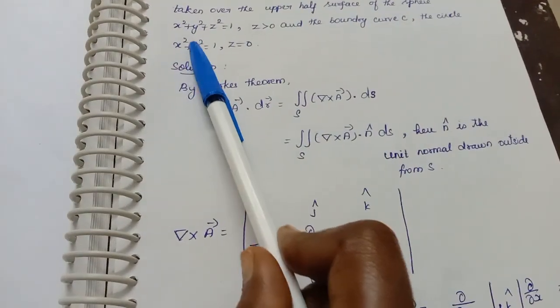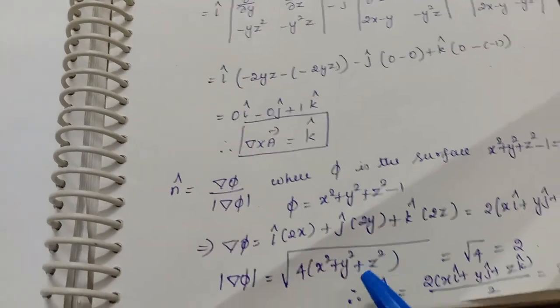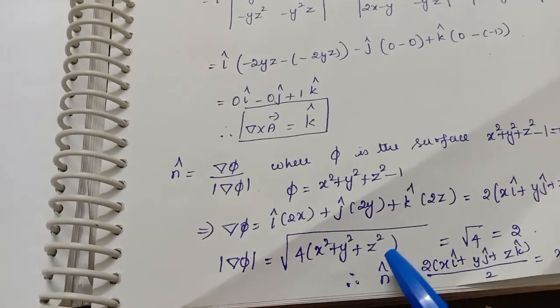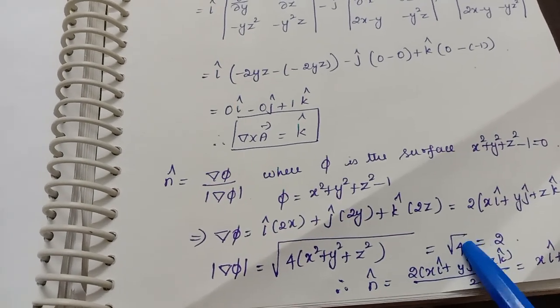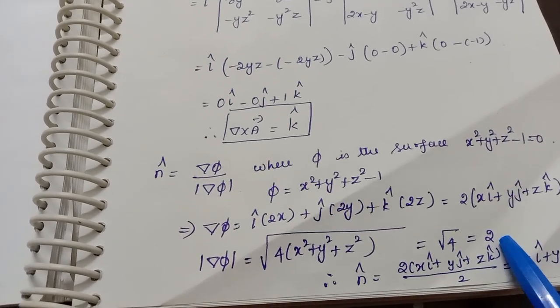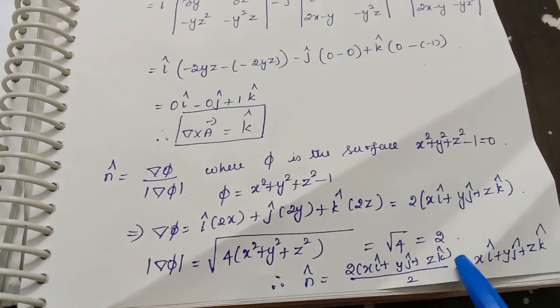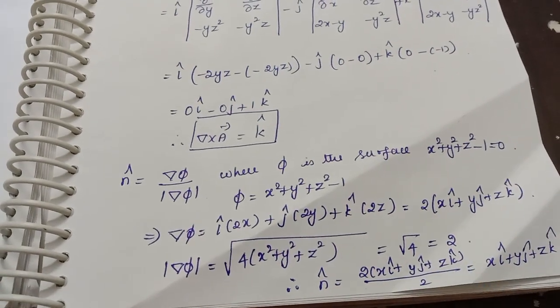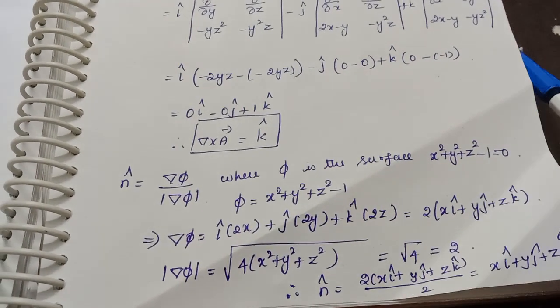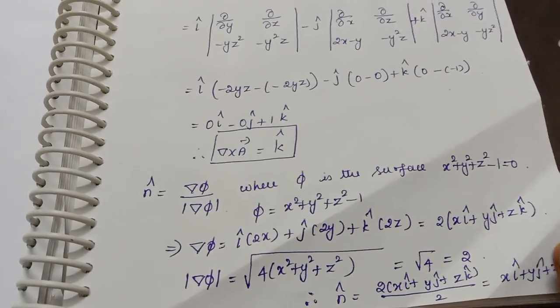That is x square plus y square plus z square equal to 1 throughout the surface. So here also we are getting the same x square plus y square plus z square. So replace this by 1. So it will be square root of 4 alone, so it's equal to 2. So what is n cap? Del phi, 2 into (xi plus yj plus zk) by 2. 2 get cancelled. So xi plus yj plus zk.